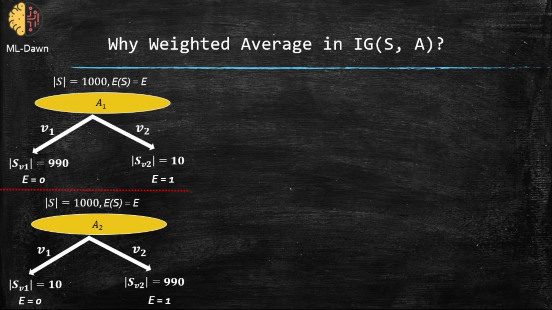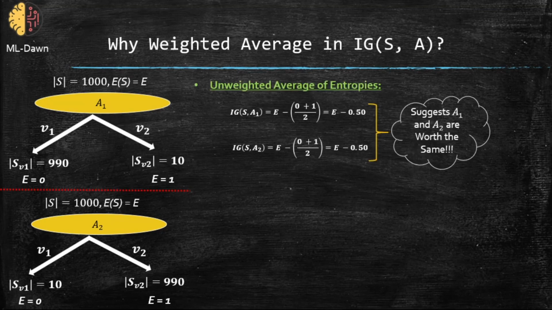So the question is, if we do the weighted average, and if we do not do the weighted average, how would the result of the information gain change? We want to see whether this weighting would give us an idea to choose A1 over A2 or the other way around. Let's see how it works. So this is the case with the unweighted average of entropies.